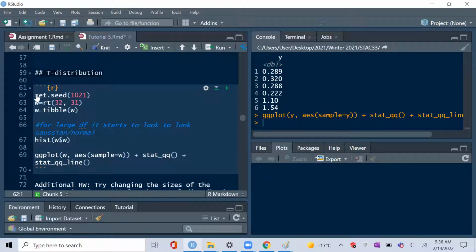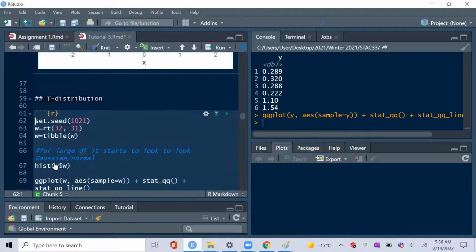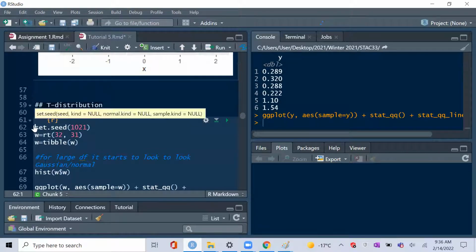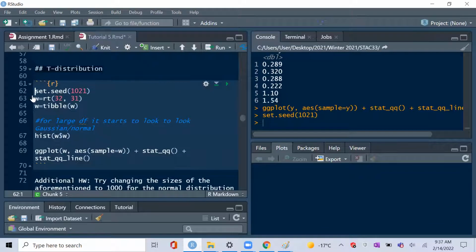So let's see. Let's create a new one where I'm pulling something that is actually distributed t. If I set the seed, I keep putting the same seed. You guys can know I'm kind of predictable at this point. You can choose whatever seed you want. So rt is a random variable with distribution t.